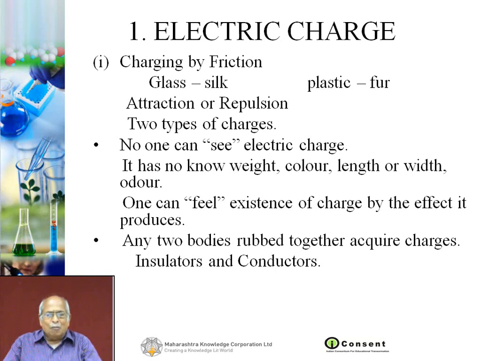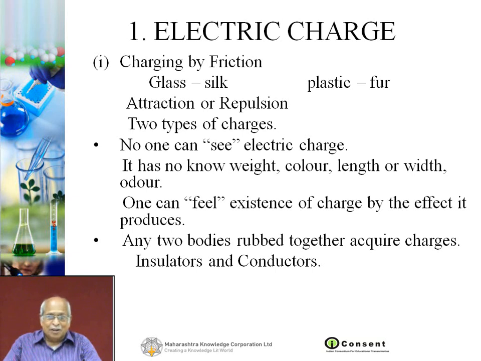So if a copper rod is rubbed by silk or by some other substance, it will acquire charge. But that charge will immediately flow to the earth through human body. This is why we cannot see any charge on metals like copper, aluminum, etc. by friction.